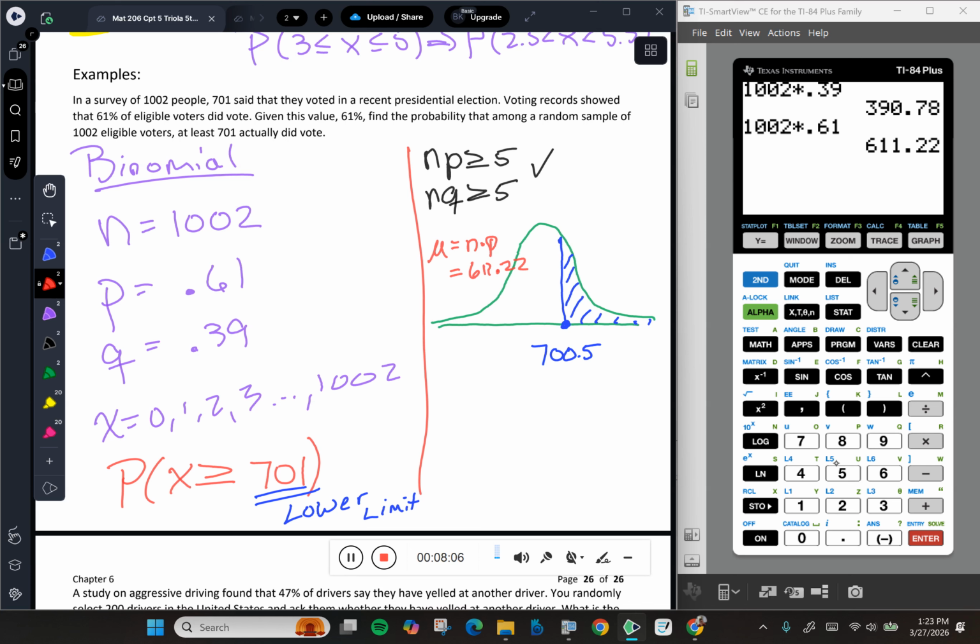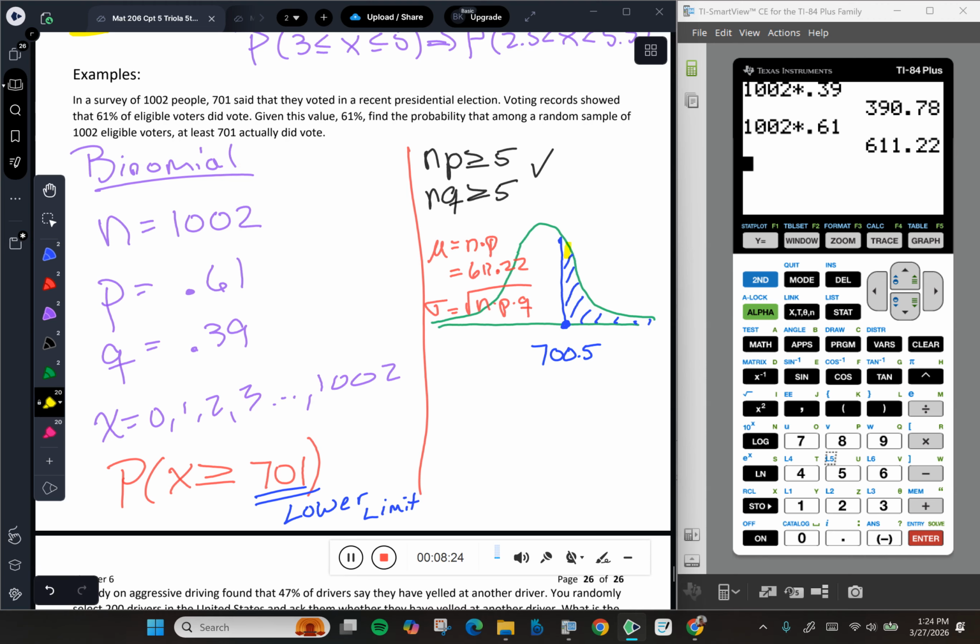And we also need a standard deviation. Our standard deviation is the square root of n times p times q, which I don't have written anywhere on the screen. I'll figure that out when I actually get to the calculations. At this point, now I just need to go ahead and do this calculation.